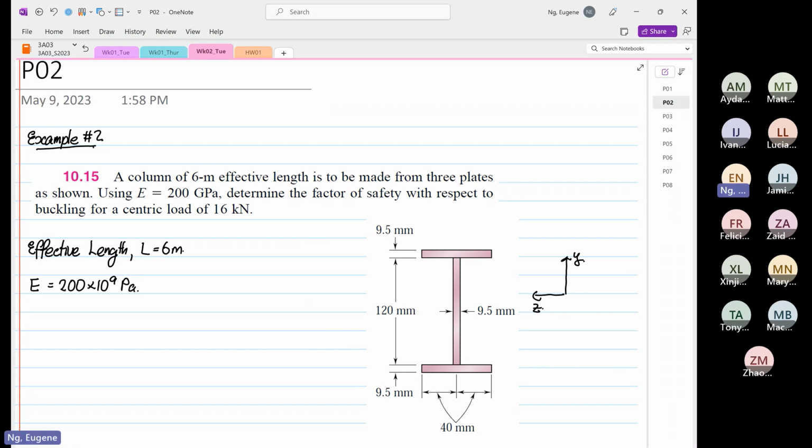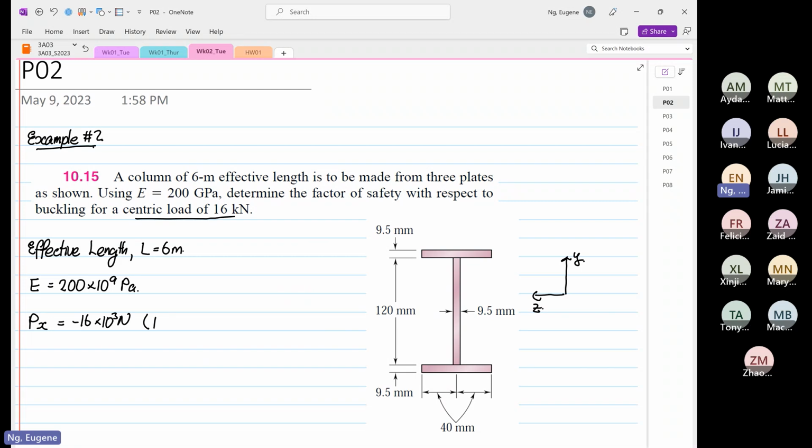And we know that we have a centric load. This load is going to come in the x-axis. So Px is coming in at minus 16 times 10 to the power 3 Newton. Why did I put minus?